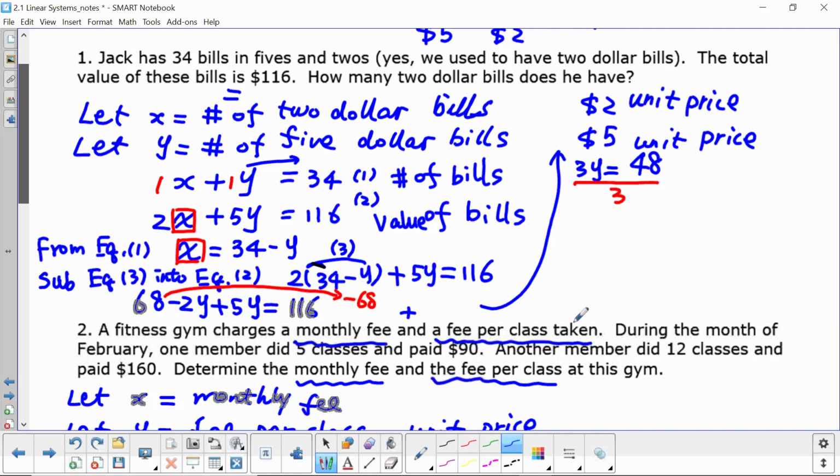By doing division, we have y equals 16. This is the $5 bills. Jack had 16 $5 bills. Then we are going to see how many bills for $2. We sub y equals 16 into equation 3.